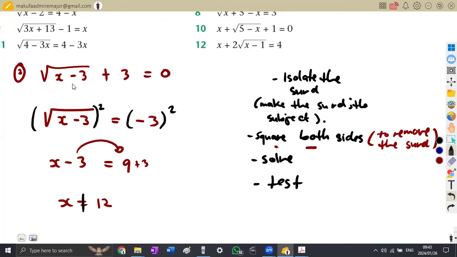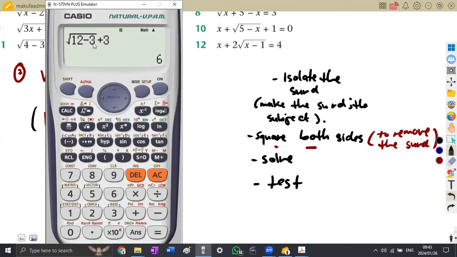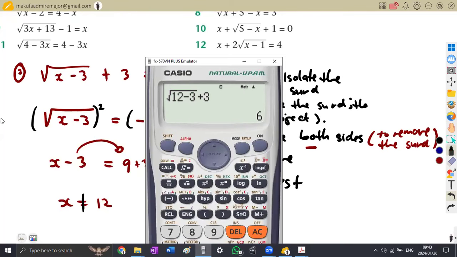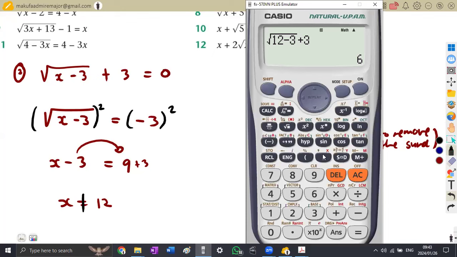Take note here, everything is fine. You squared this, you took this to the other side, that is minus 3 squared. You are squaring everything, so it's negative 3, everything squared. Negative 3 squared gave us 9. We transpose this negative 3 to the other side, which becomes a positive 3. We add, it gives us 12.